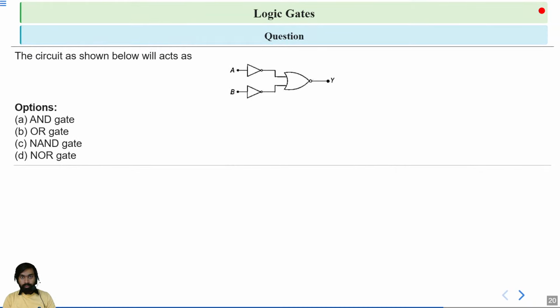Next question. The circuit as shown will act as what? The question shows a circuit diagram and asks what type of logic gate it represents. It gives four options: option A, AND gate; option B, OR gate; option C, NAND gate; and option D, NOR gate. So which one is correct?